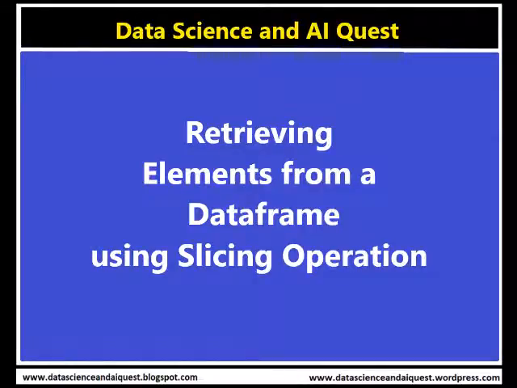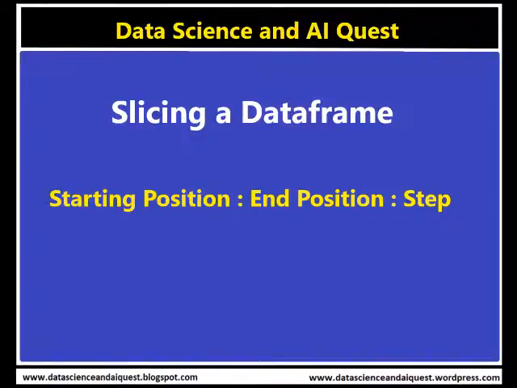If one wants to retrieve a range of rows, that is, if one wants to retrieve some specific number of rows and not the entire set of rows from a data frame, then it can be specified in the form of a starting index to an ending index position.